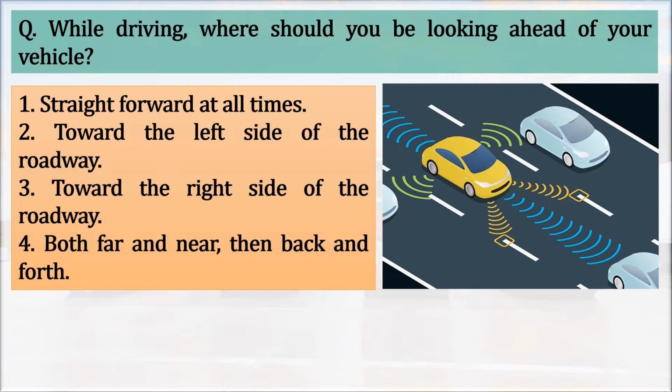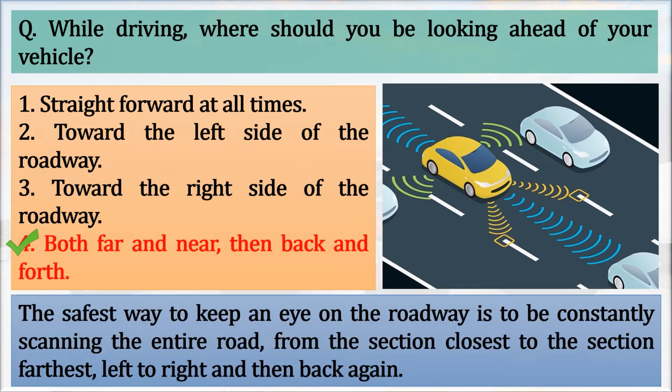Option number 2, toward the left side of the roadway. Option number 3, toward the right side of the roadway. Option number 4, both far and near, then back and forth. The answer is option number 4, both far and near, then back and forth.